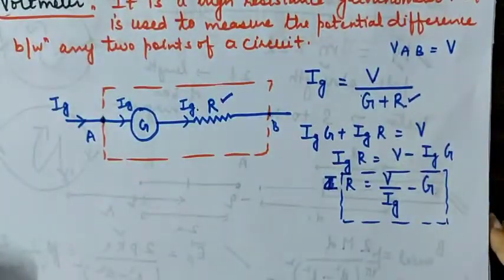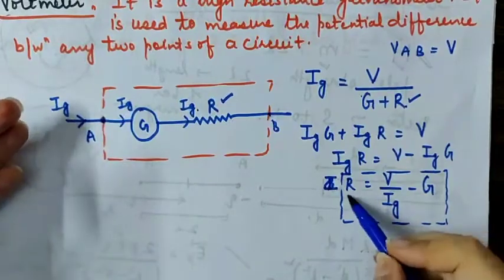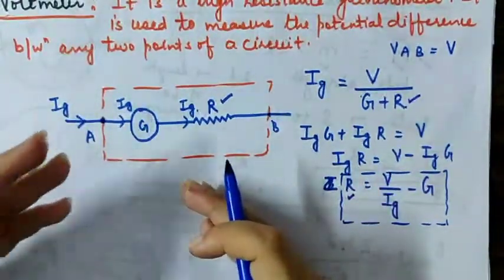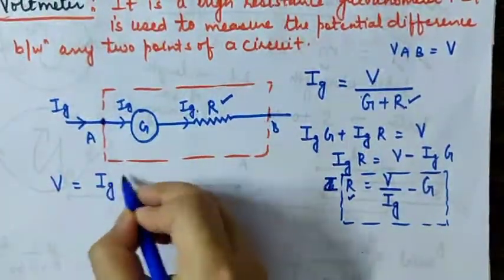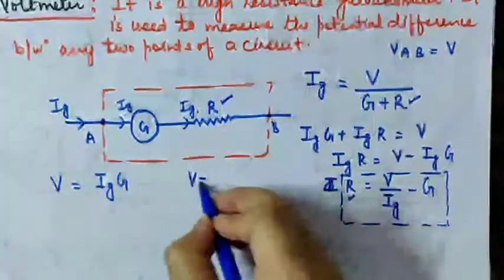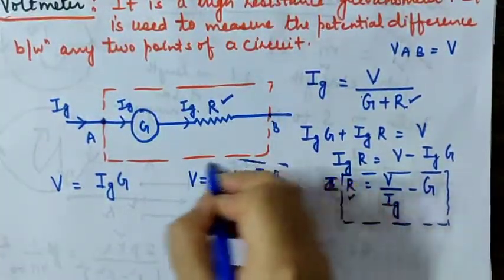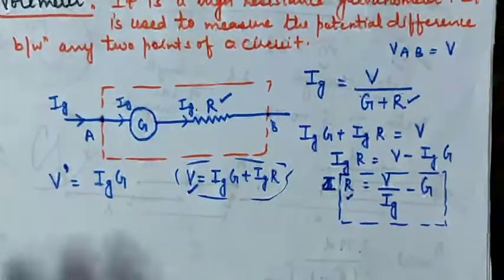In this particular question, we'll be finding the resistance which should be connected in series to increase the range of the voltmeter. Earlier the voltmeter was noting down Ig into G. Now the voltmeter is noting down Ig into G plus Ig into R. So the previous value was lesser, the new value of voltage is larger.